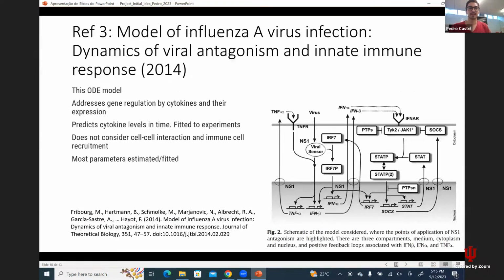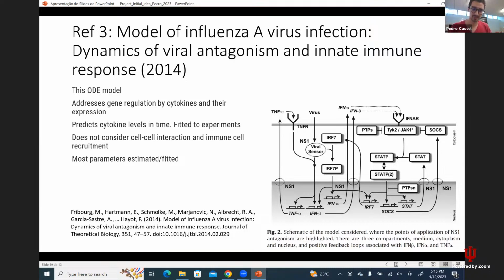Then I found specific papers that built ODE models. This first one, they model regulation by cytokines and their expression, and they predict cytokine levels in time, and they fitted the results to experiments.